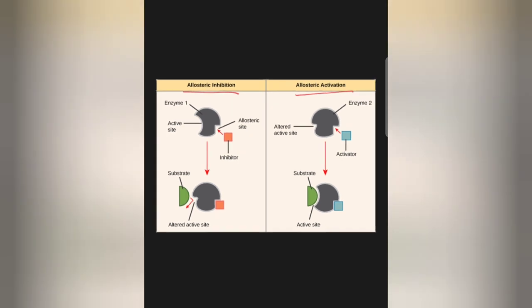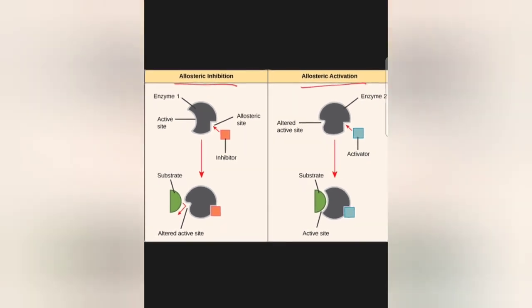Before going into the details of the types, let me tell you that by the binding of the effector molecule, the inactive enzyme may be activated, or the activated enzyme may be inactivated. According to this property, I previously said that it may be a favorable change or an unfavorable change.